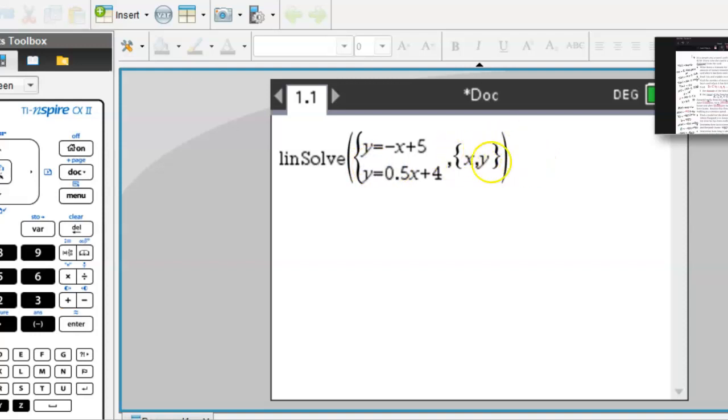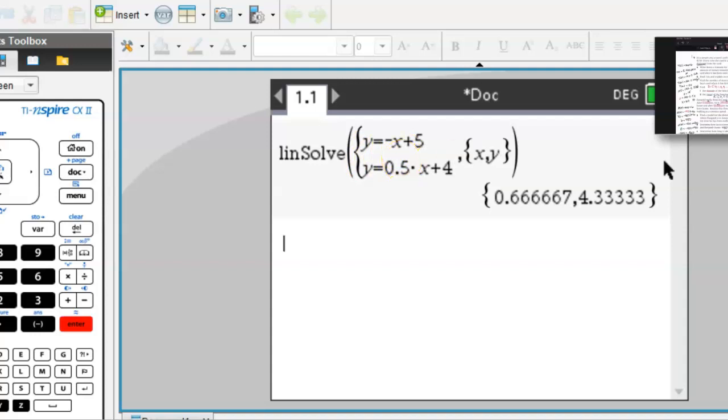Now notice you have to use these variables. If you're using variables x and y, my equation should have variables x and y. And then this is your point of intersection. 0.666 repeating, 4.33 repeating. We can round it to 3 significant figures.